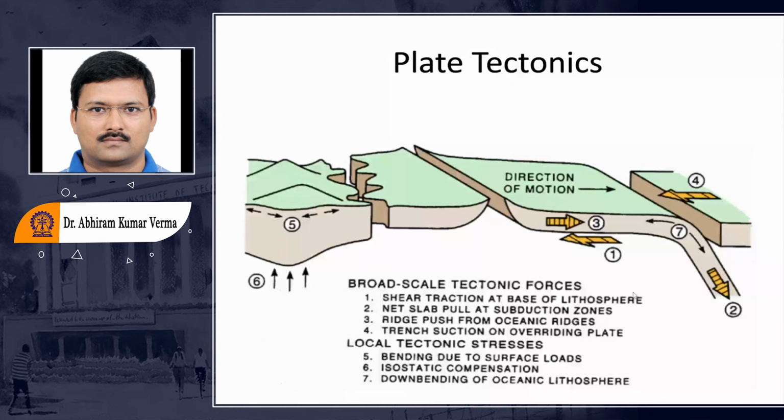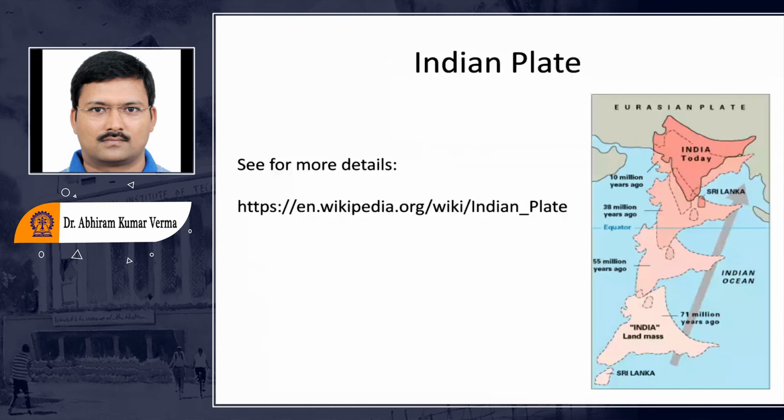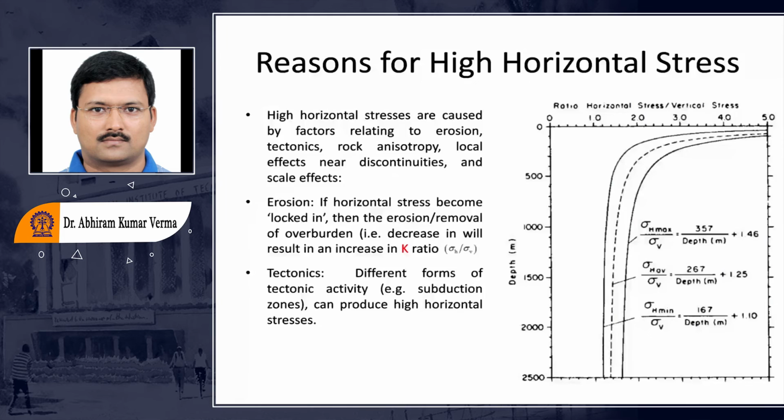That is coming from the movement of the plates, and this plate movement is being governed by the convection current which has been developed because of the molten magma. So please go through that, and it will be very interesting if you have not studied plate tectonics, to find out why the horizontal stress is high.